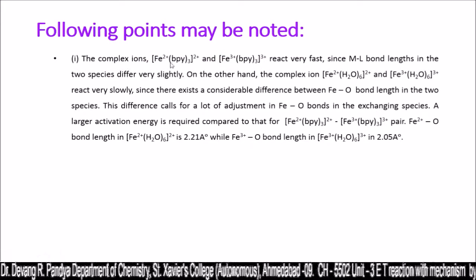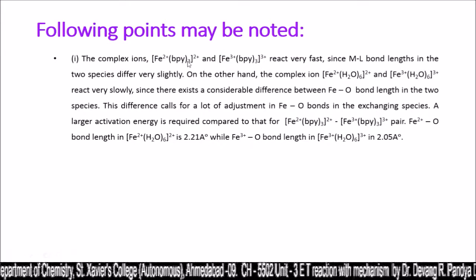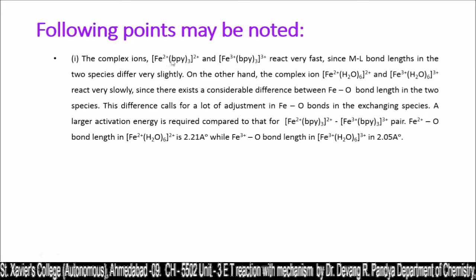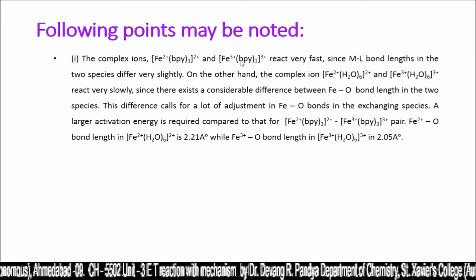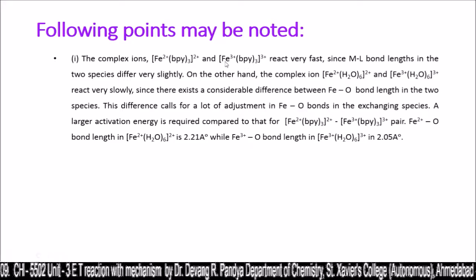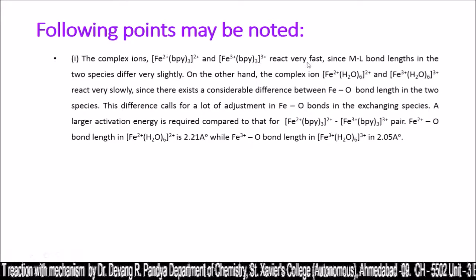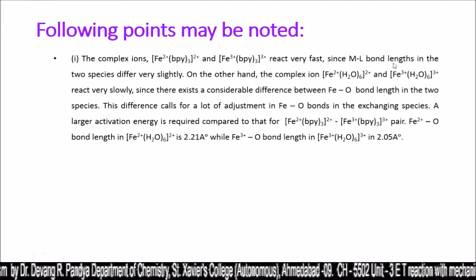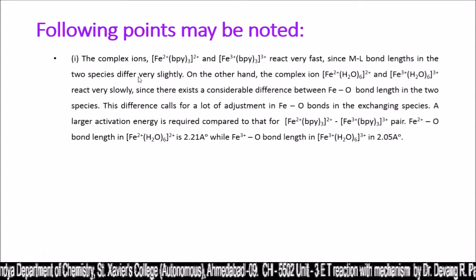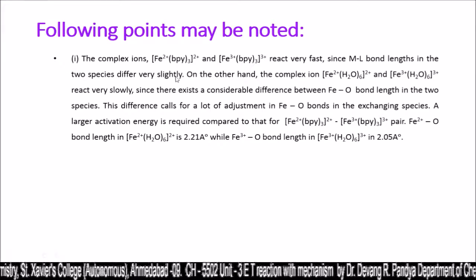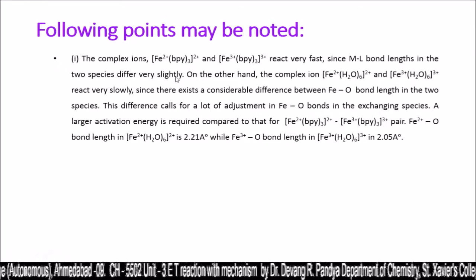The tris bipyridyl iron(II) complex ion and tris bipyridyl iron(III) react very fast, since the metal-ligand bond lengths in these two species differ very slightly. There is no major difference in the metal-ligand bond length.